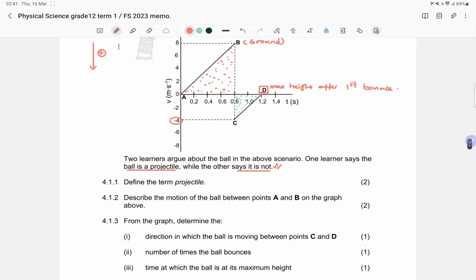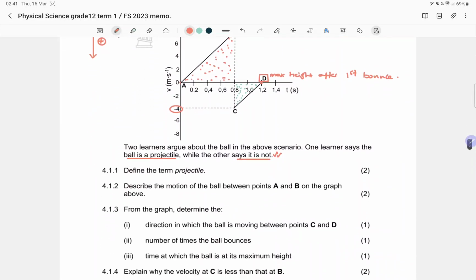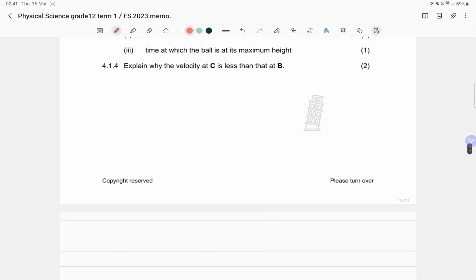Now let's define quickly what a projectile is. So this one is 4.1.1.